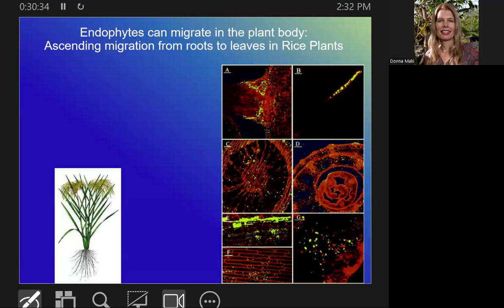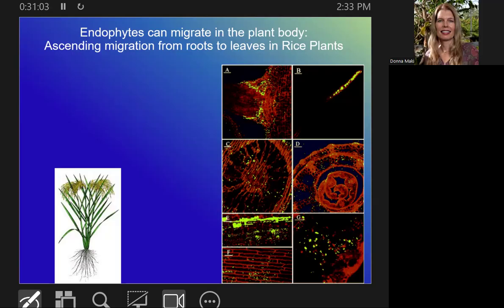So if you are a plant and you are a typical plant, where do you think most of your endophytes are probably coming from? What part of your environment? Where would you guess there'd be a lot of microbes hanging out? Soil, absolutely. The soil is incredibly chock full of microbes. 1 gram can have up to 1 × 10⁹ cells in that gram of soil.